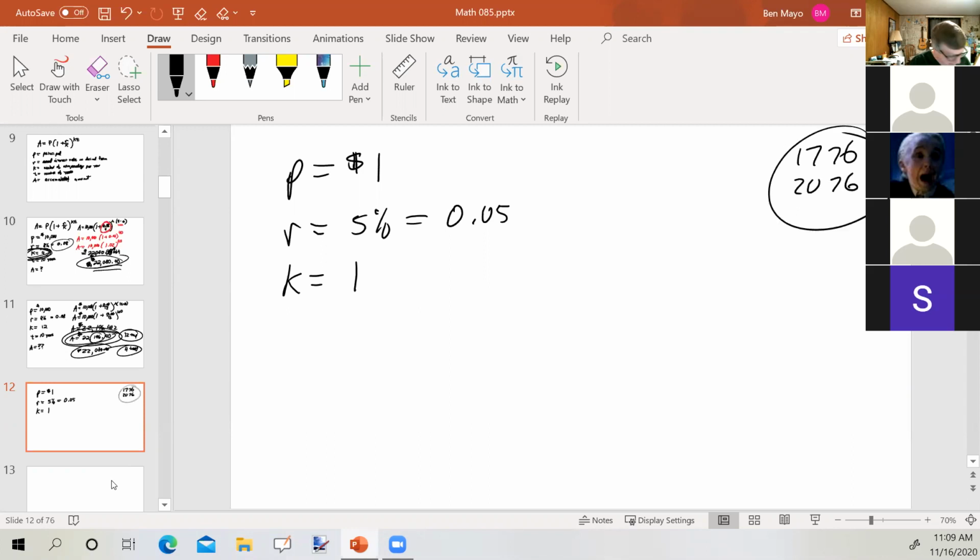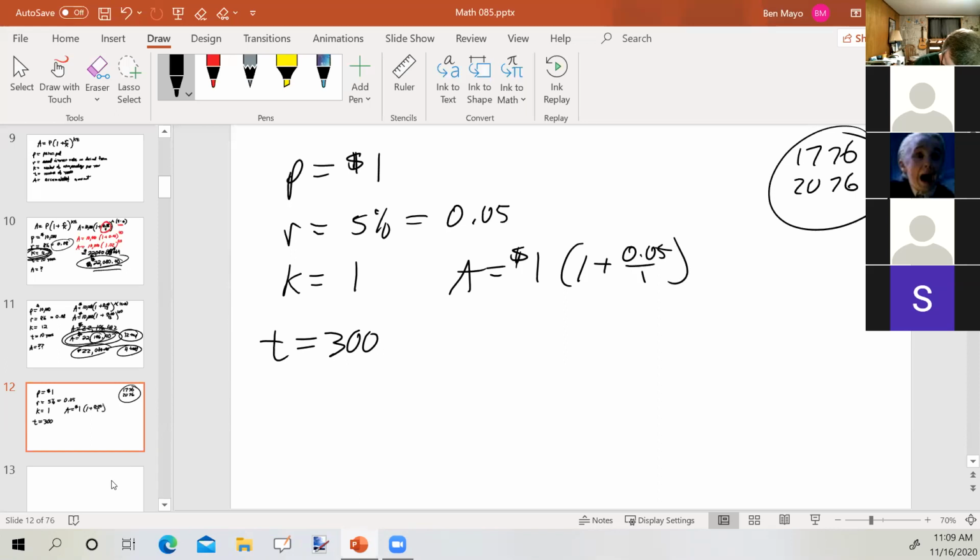So how many years have gone by in that problem? What is the time and the number of years? 300. Good, 300. So A equals 1 times (1 plus 0.05 over 1) to the 1 times 300 years.